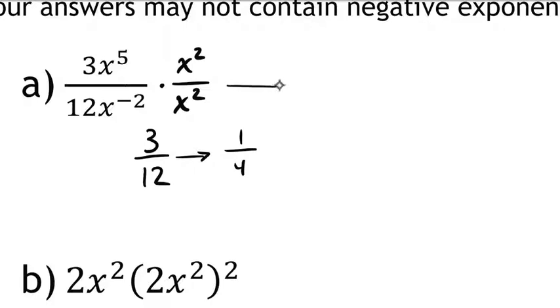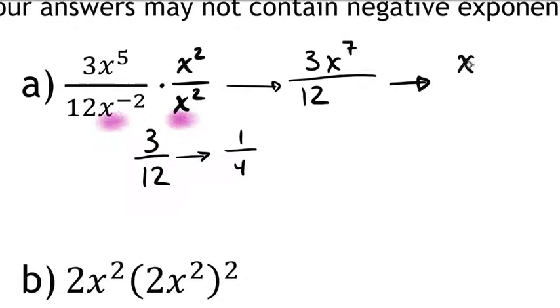When I do that, this immediately becomes 3x to the 7th, and in my denominator I have just a 12. The reason it's just a 12 is because x to the negative second times x to the positive second is x to the 0 power, which equals the number 1. So I've got 3x to the 7th over 12, and because 3/12 reduces to 1 over 4, my final answer is x to the 7th power divided by the number 4.